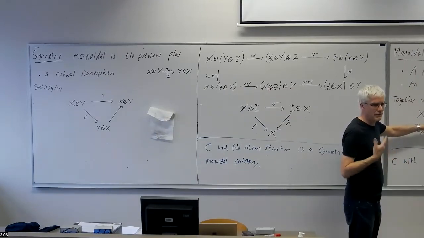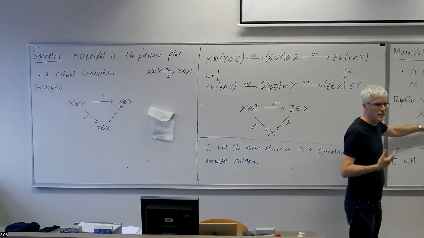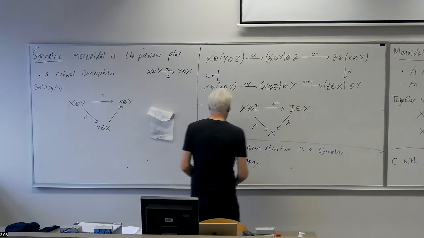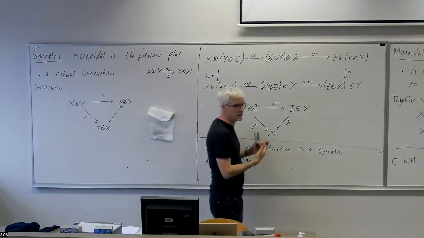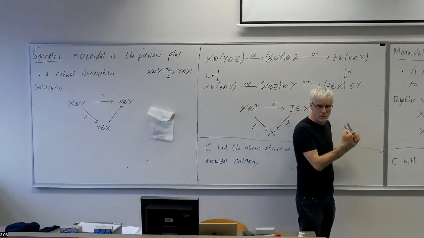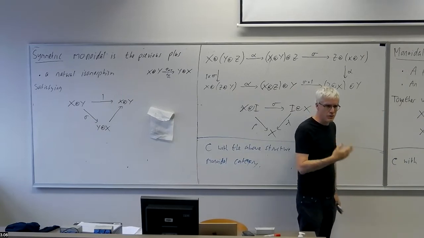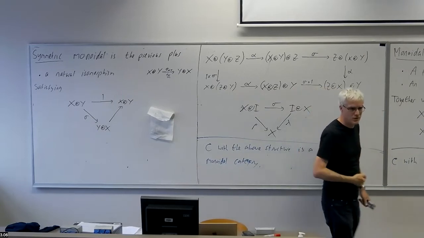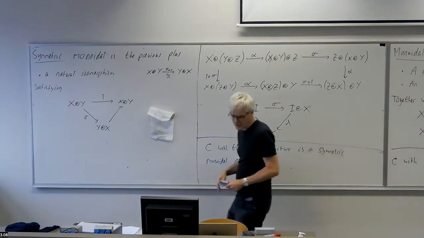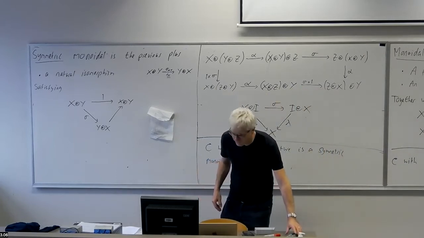The category may have several different symmetric monoidal structures or monoidal structures on it. So when you say a symmetric monoidal category, you mean the category C together with a particular choice of this data. Just like a group is a set together with a particular choice of a multiplication operation and an identity element on it.